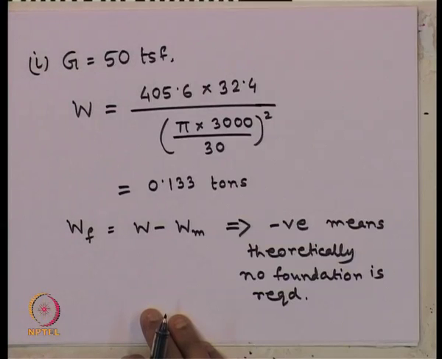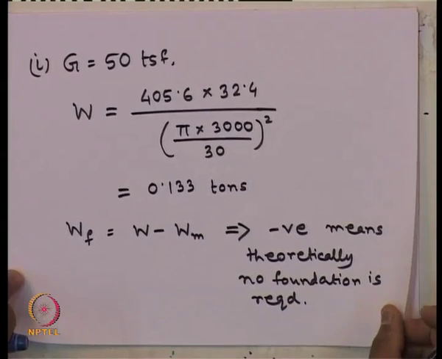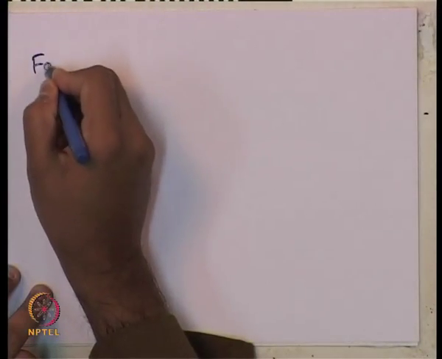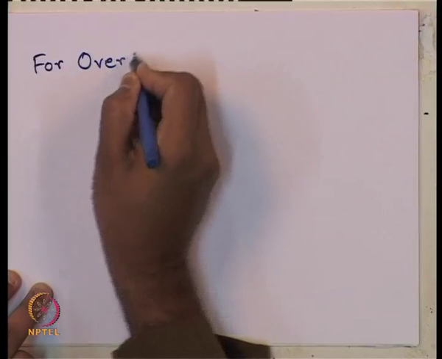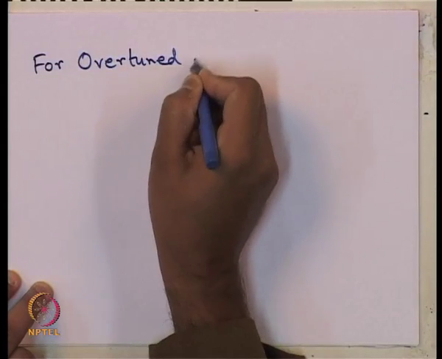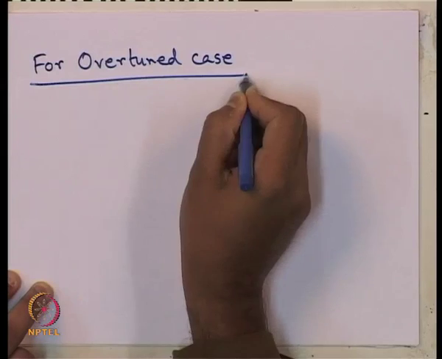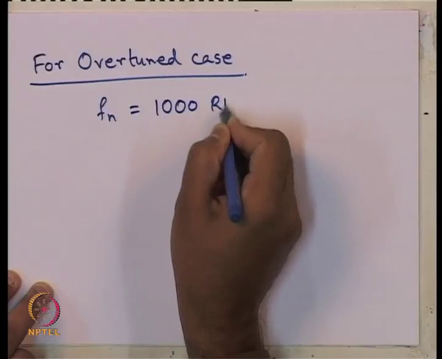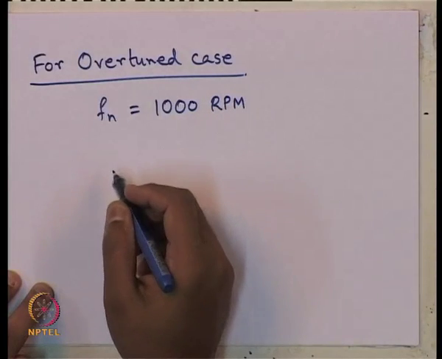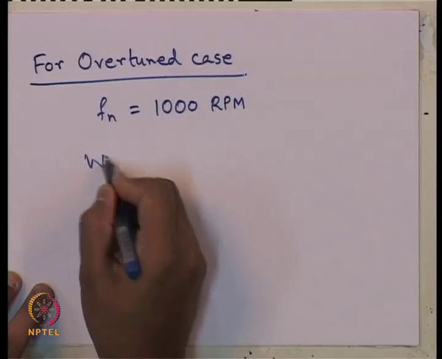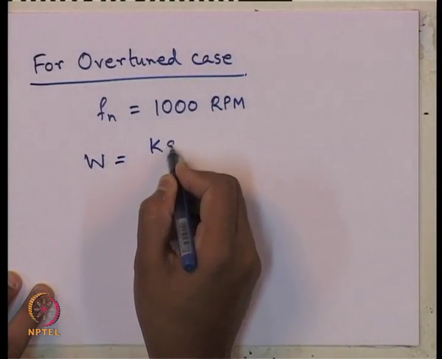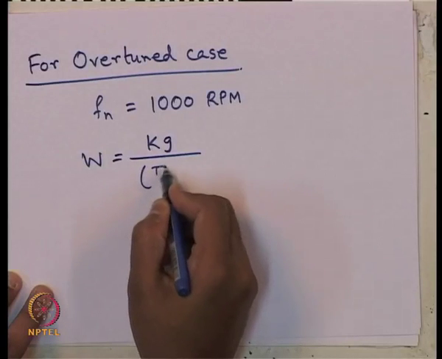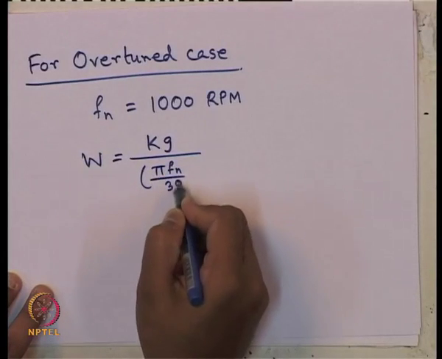Now, the same thing if we want to do for overtuned, let us see how it comes. So, for overtuned case, we have Fn as 1000 RPM, right, and the expression remains the same, that W equals to k g by pi Fn by 30 whole square.